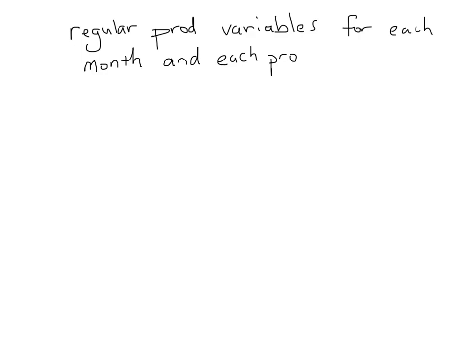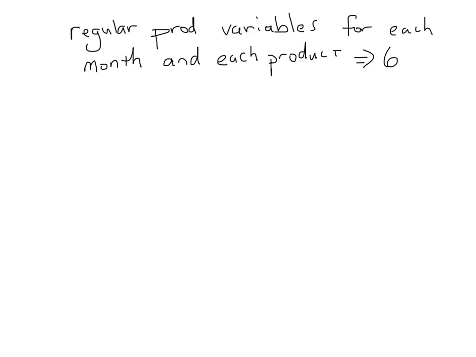We have 2 products and we have 3 months. So that's a total of 6 different variables there. Right? That'll be 6 variables.